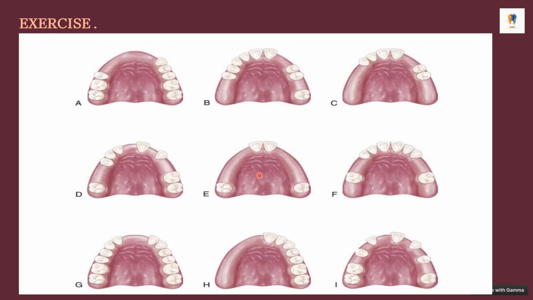So this is your class 3 mod 1. Then you have this, and these are the most posterior areas. So this one will be class 3 mod 1. Then you see this is your class 4, bilaterally missing teeth and no modification area.